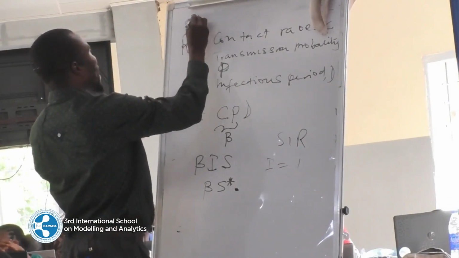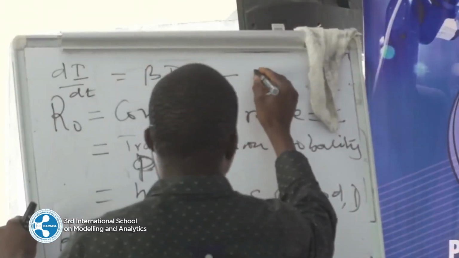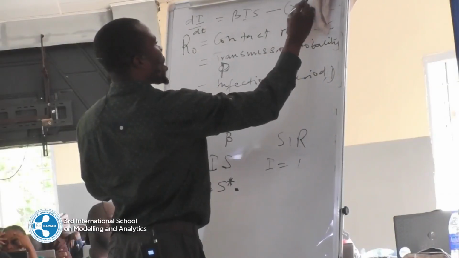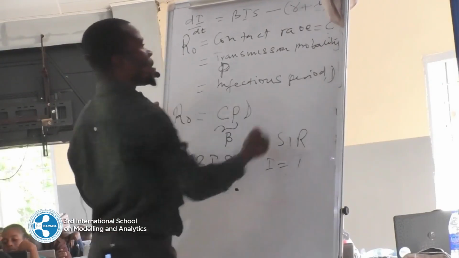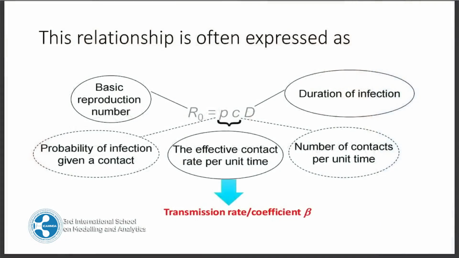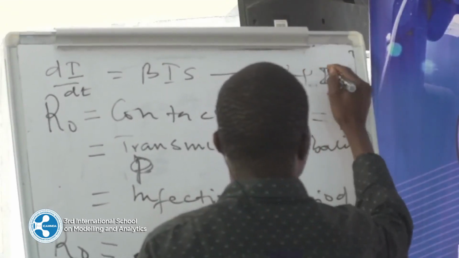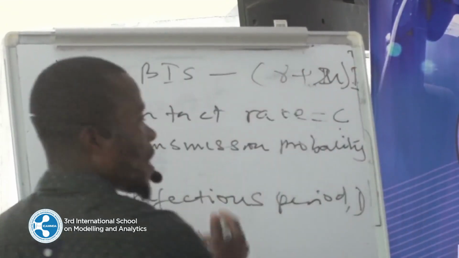The rate of change dI/dt is equal to beta I S minus gamma plus mu I, because there is a recovery rate, isn't it?